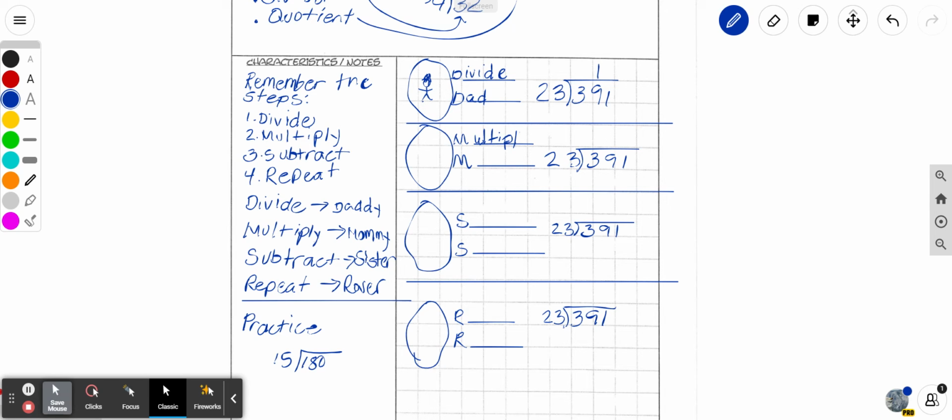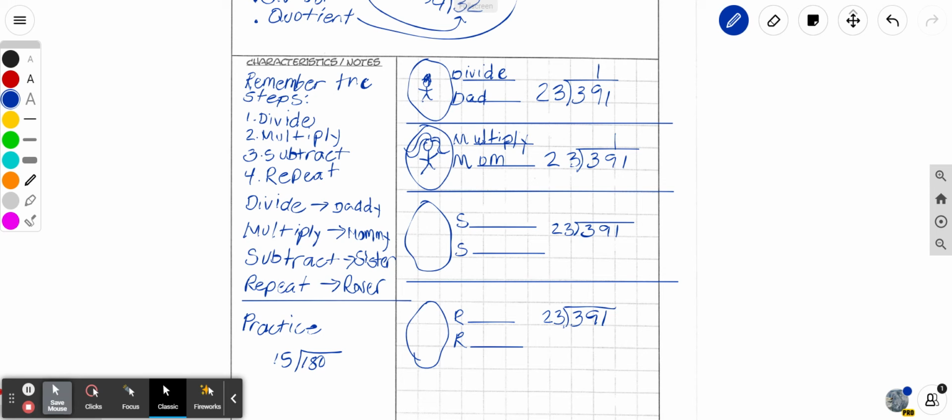And that is mommy or mom. Okay, and then I'm going to draw a little picture of mom, whatever your picture of mom would look like. Okay, doesn't have to have a lot of detail, but these pictures just help you remember. So I had already divided, so I'm going to put my 1 up here.